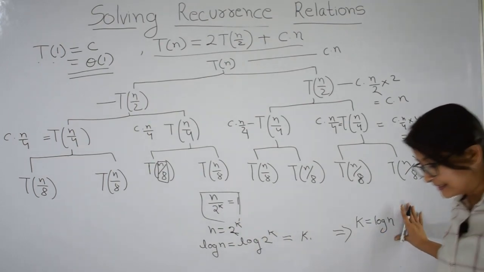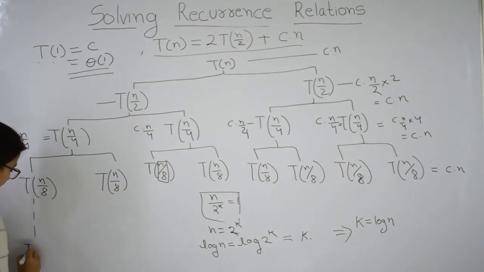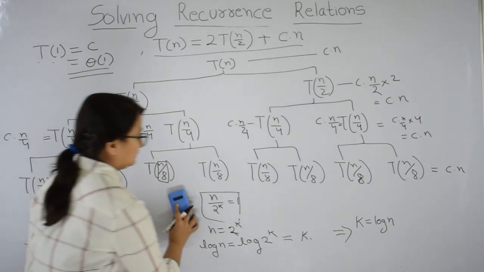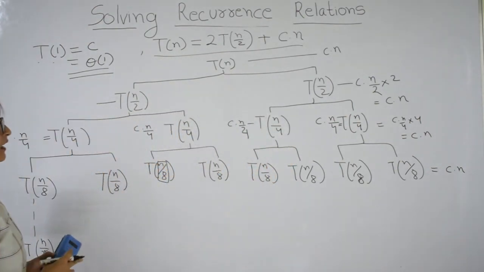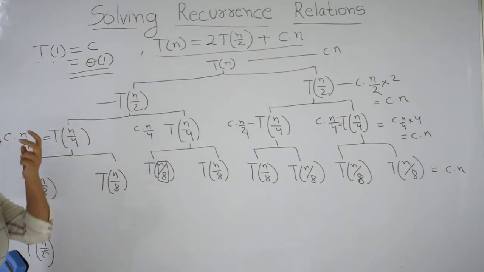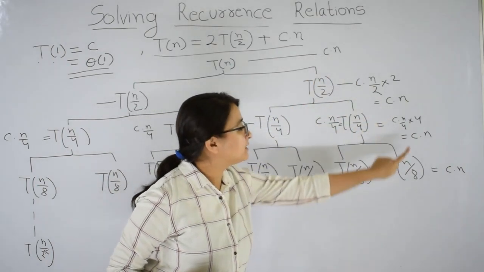So what it means is that at our leaf level we will have something like this: T of n upon 2 raised to the power k, where k is equal to log of n. And at each step the time taken is c into n, c into n, c into n, c into n.